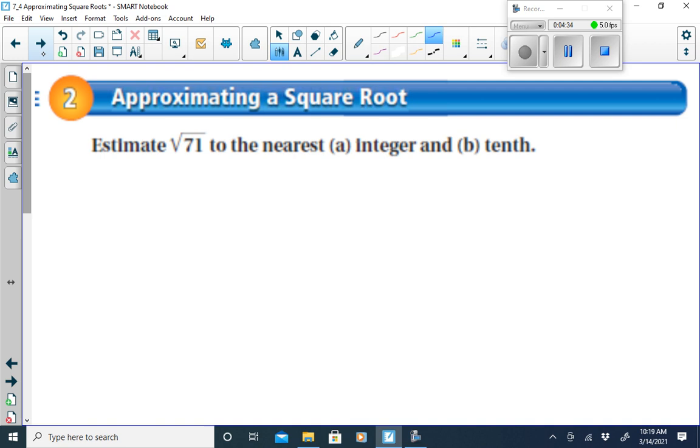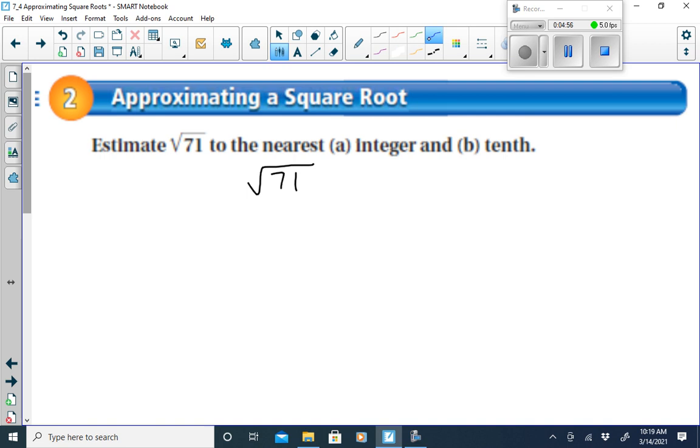So now we have our first example where we want to approximate a square root. We have the square root of 71, and we wish to approximate the square root of 71. In order to approximate the square root of 71, we start by writing the square root of 71 using the square root symbol.